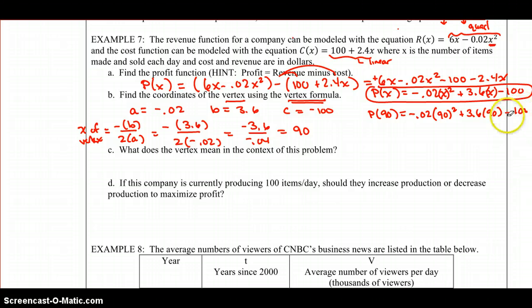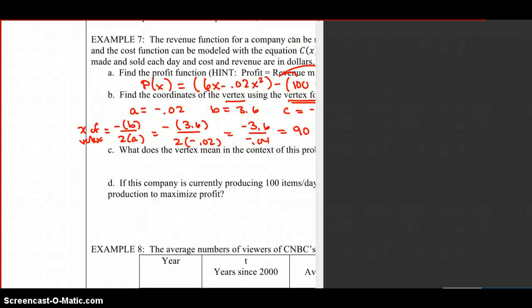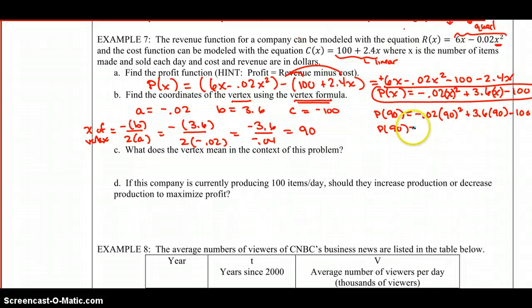Now, if we evaluate that expression on the right-hand side, all right, so computer's flipping out here. All right, so if we evaluate this expression, we get 62. So for an input of 90, where x was the items made per day, we get an output of 62, which was in dollars, $62, and that was profit.